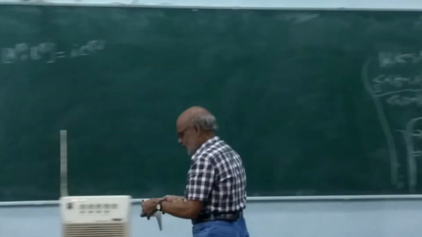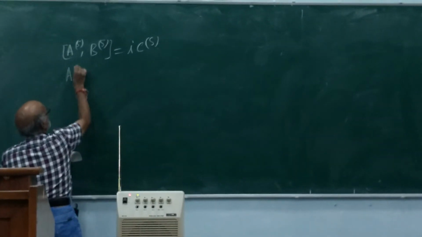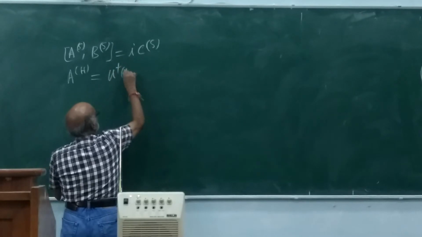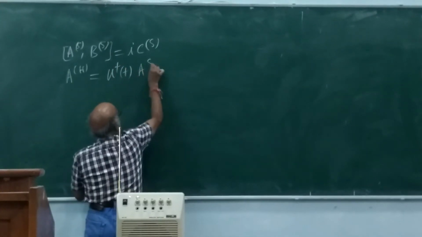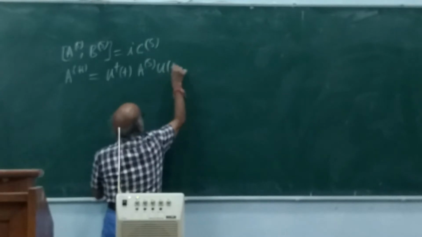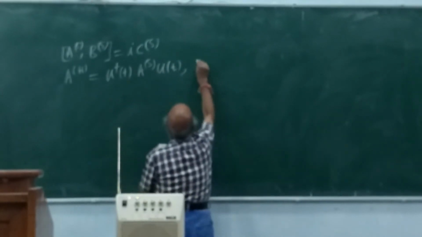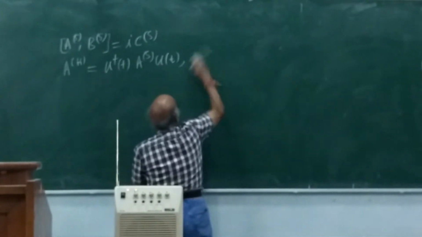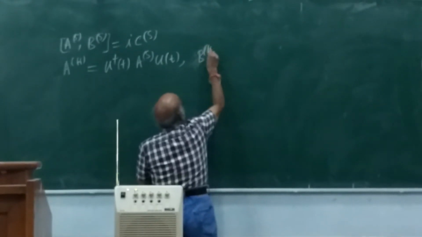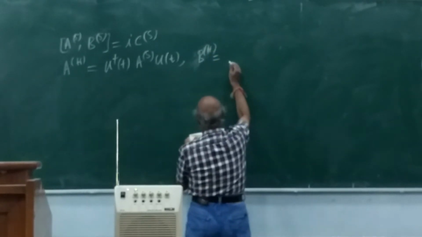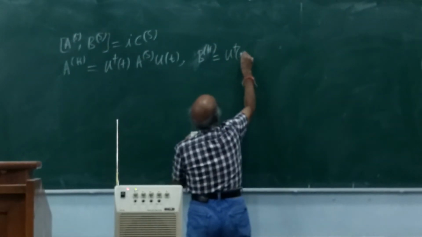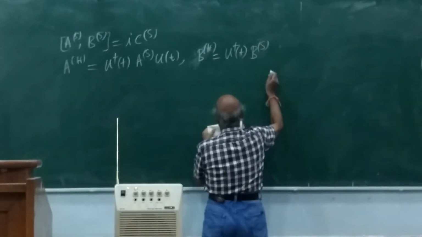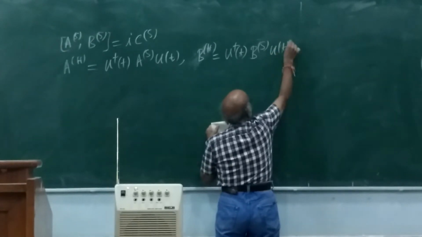So you consider A of H equals U dagger of t, A of S, U of t. You consider B of H, this is also equal to U dagger of t, B of S, and U of t.